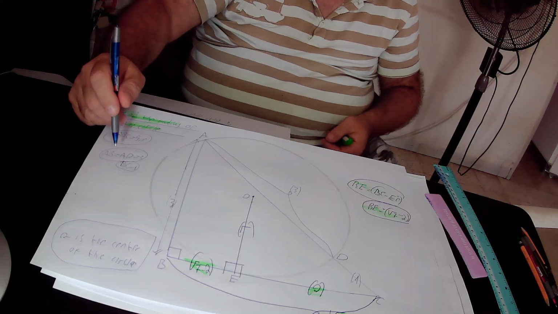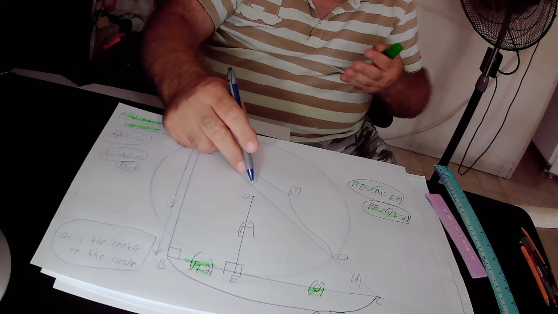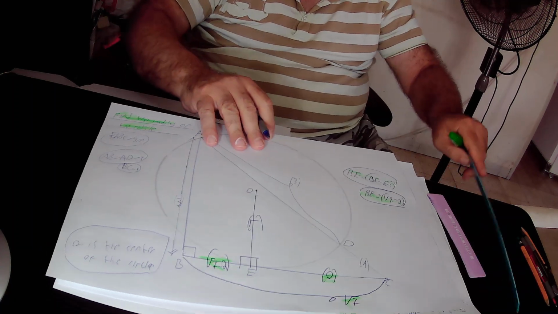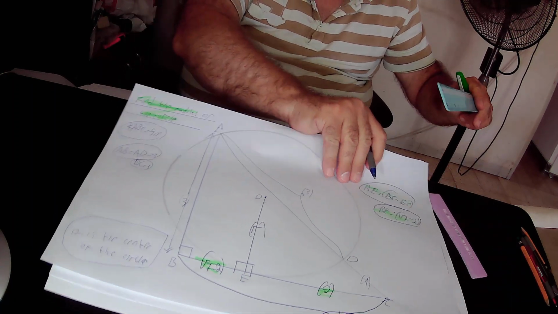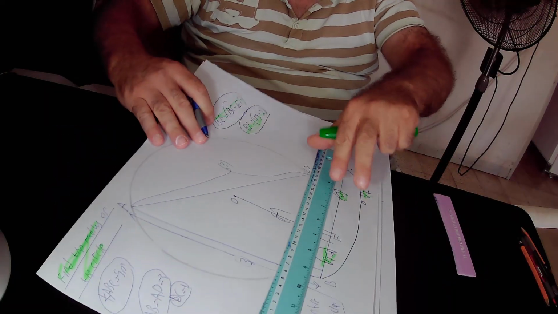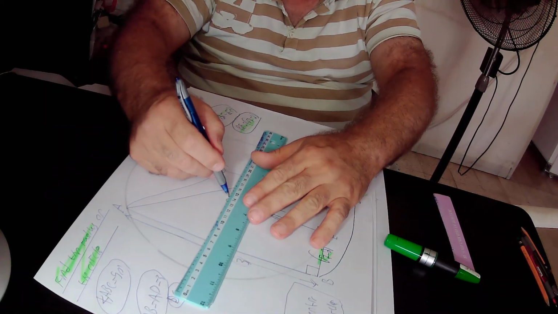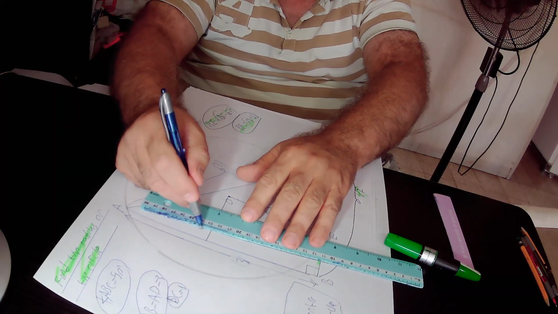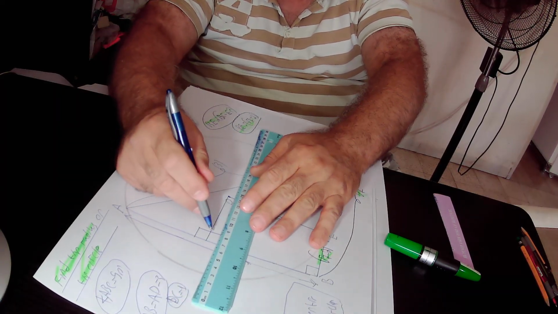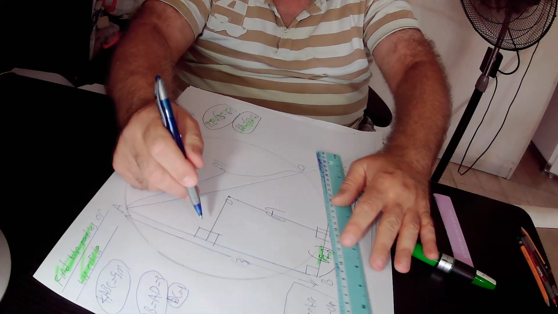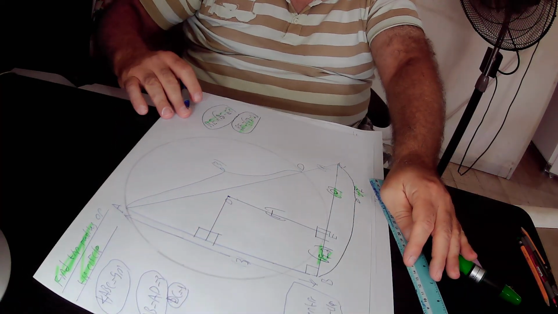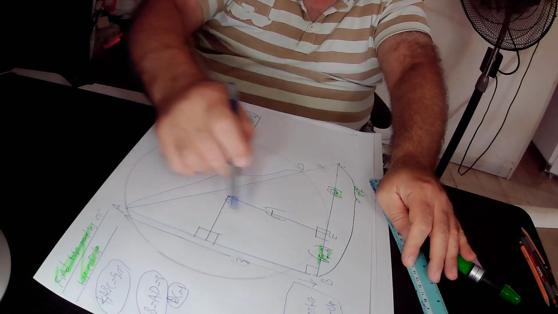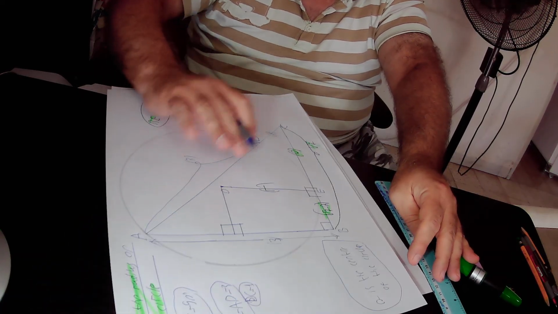From this point O, the center of the circle, we will draw a perpendicular on side AB. So this angle equals 90 degrees according to our construction. We define the touching point of the perpendicular from O and AB as point L.